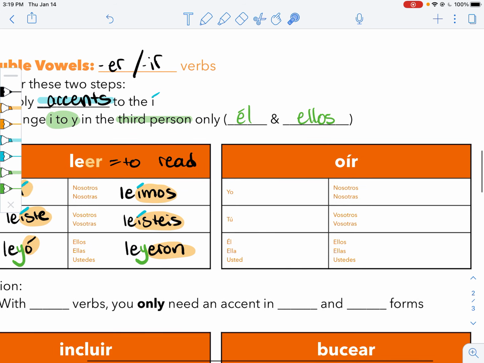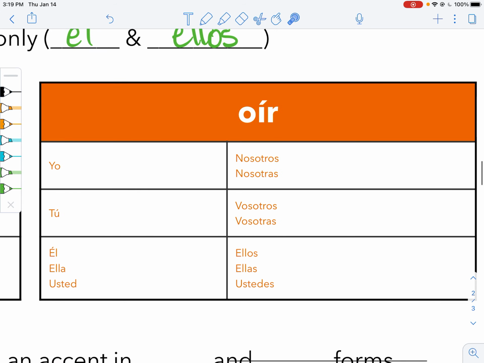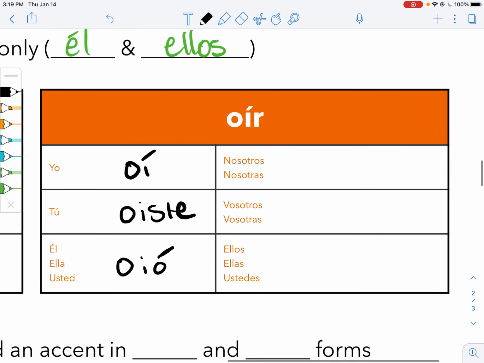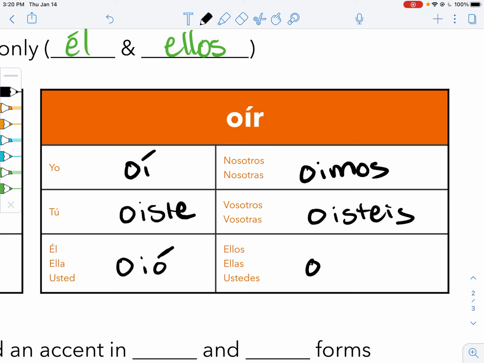Let's do it again with oír. So oír, we're going to conjugate it like a normal IR verb. We have oí, oíste, oyó. Ooh. That doesn't even look like a real word. Oímos. See, that says oímos. That says oístes, like oysters. And gross, that's what that says.